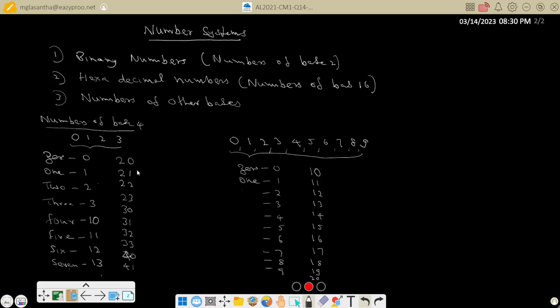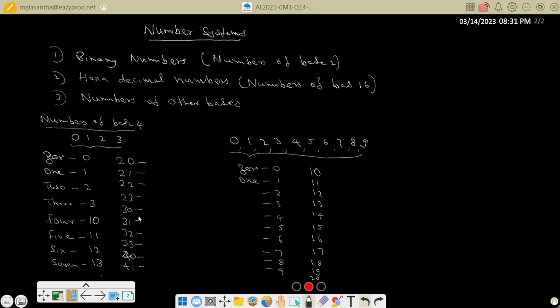So you can write down any amount of numbers.